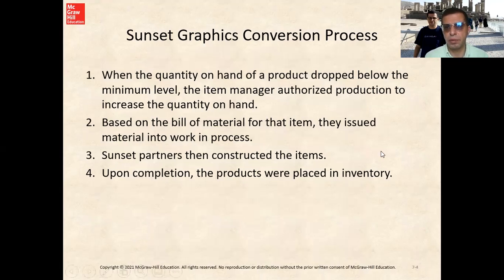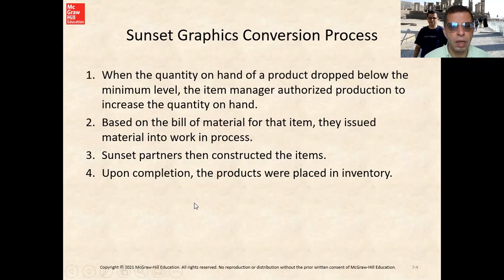Back to our example. In our example is the Sunset Graphic conversion process. And we talked about this company is doing graphics. When the quantity on hand of a product dropped below the minimum level, the item manager authorized production to increase the quantity on hand.